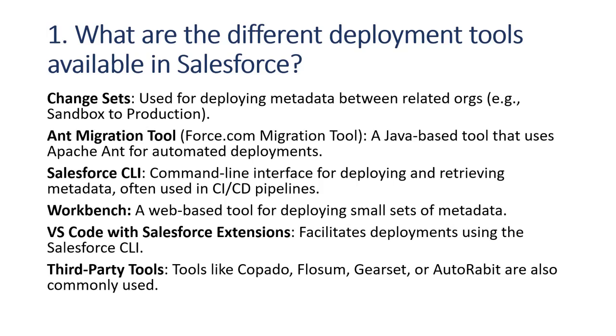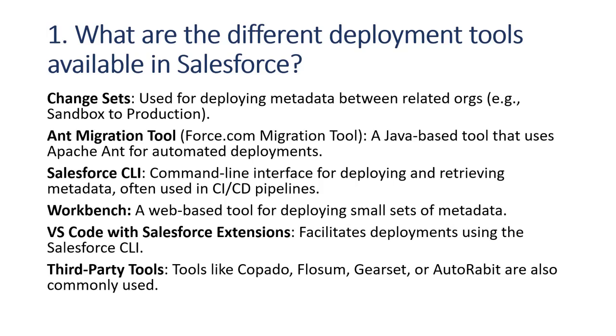If multiple developers are working in the team, and the deployment is becoming more complex and they want to reduce the time, then third-party tools are the right choice for deployment in Salesforce.